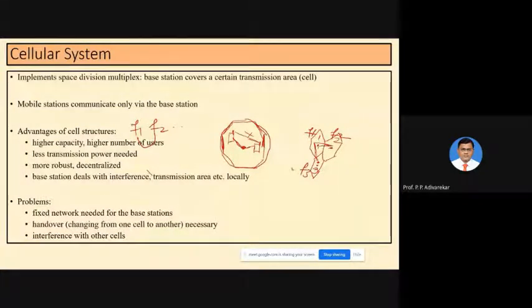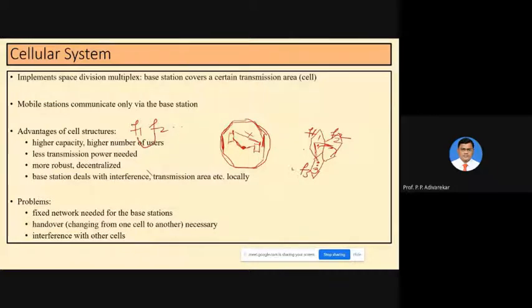Then when he moves from cell 1 to cell 2, his frequency must get changed. That is required in the case of mobile communication, because the user is mobile. That is the major problem, which we can tackle to a very good extent in the modern era by using the concept of frequency reuse. How it will be implemented, we will see. So that is the second problem.